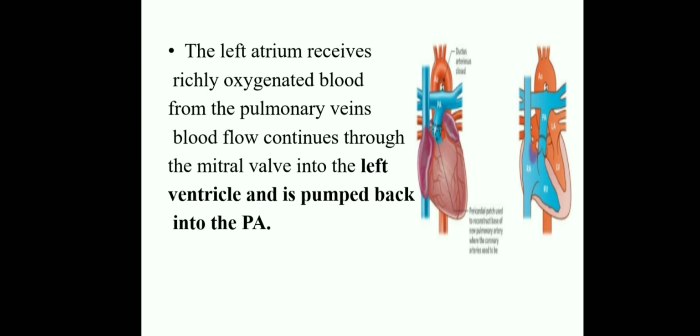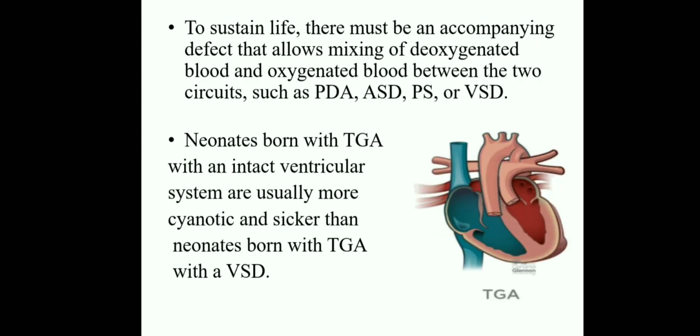Have you remembered? Okay, and coming to sustained life, there must be accompanying defects that allow mixing of deoxygenated blood and oxygenated blood between the two circuits, such as patent ductus arteriosus, ASD, pulmonary stenosis, or ventricular septal defects. So here, look at this picture.